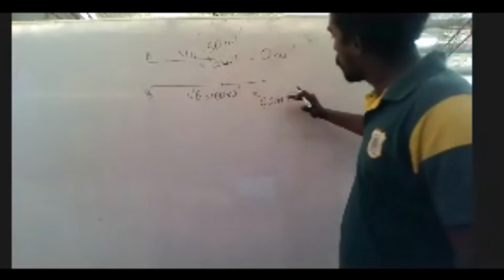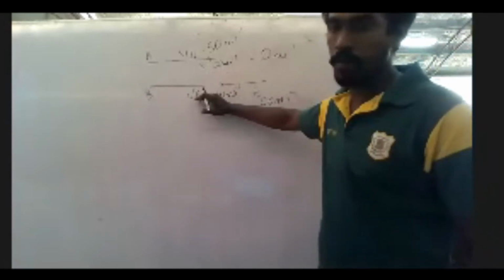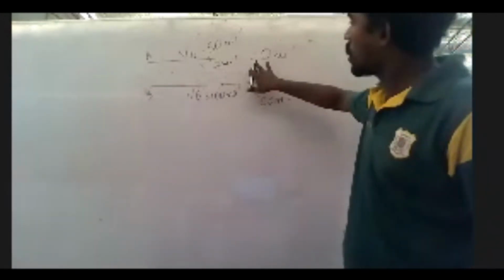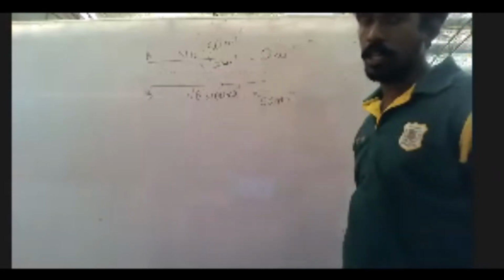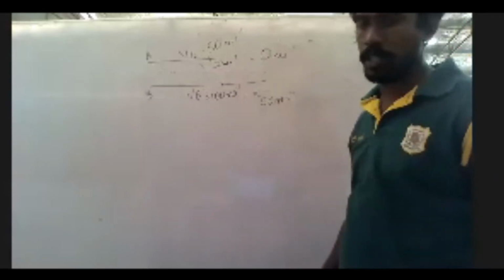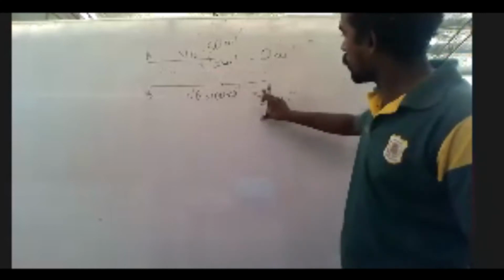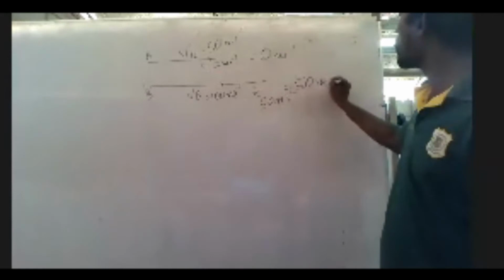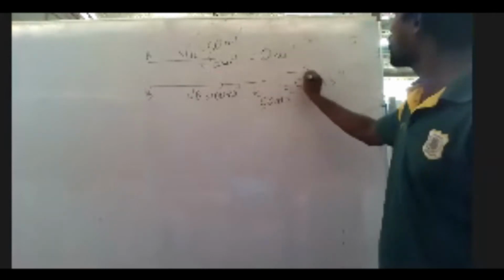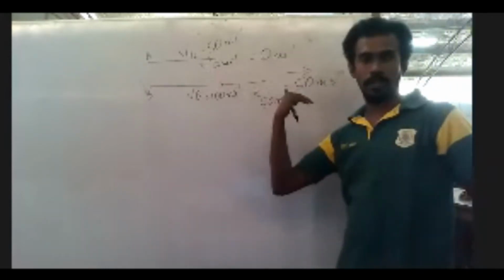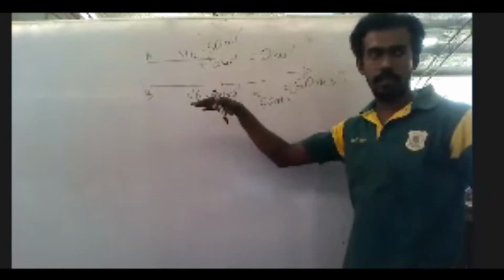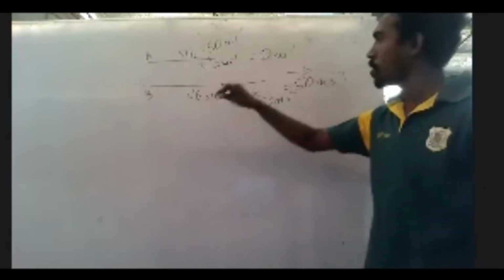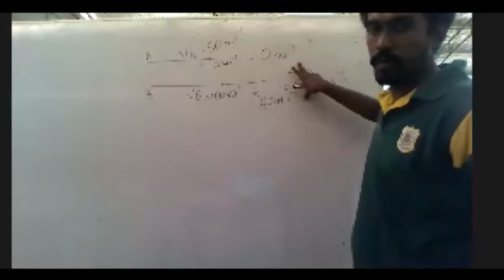When I apply 50 meter per second this way to this body, which is already moving in this direction at 100 meter per second, the resultant velocity of these two is 50 meter per second this way. Because it is coming with 100 meter per second, and I am applying 50 meter per second this way, the resultant is 50 meter per second.